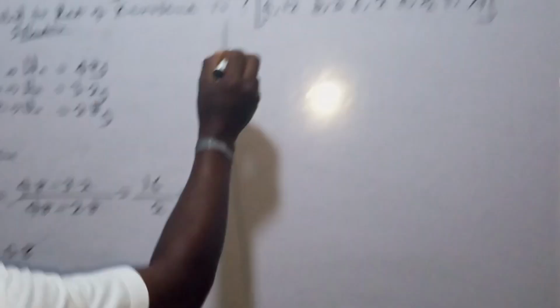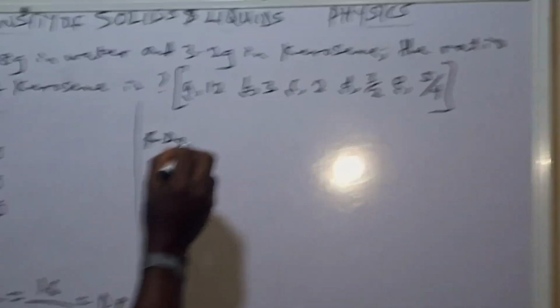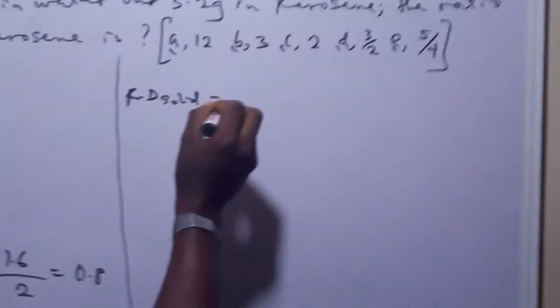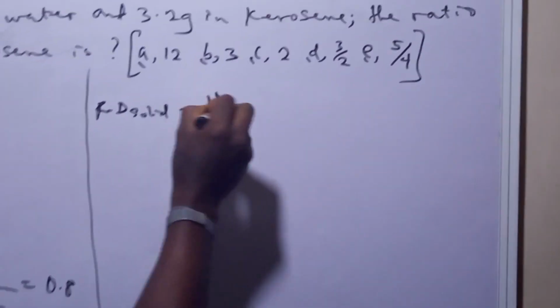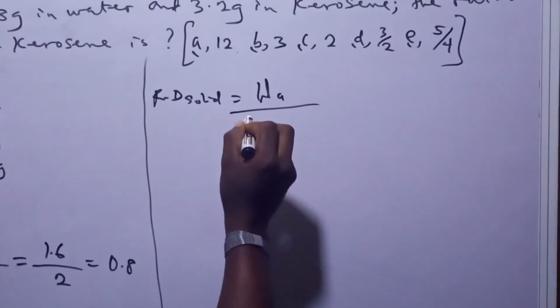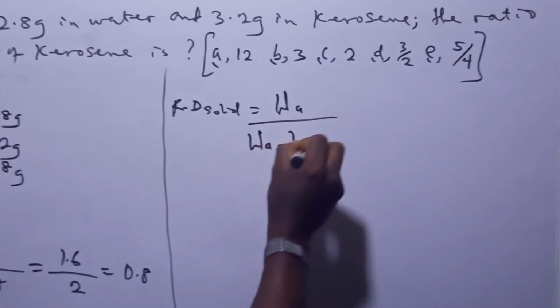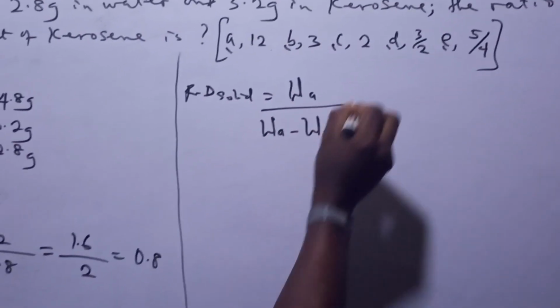Now I also have the relative density of solid, which is weight of solid in air over weight of solid in air minus weight in water.